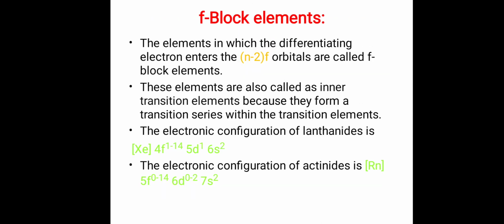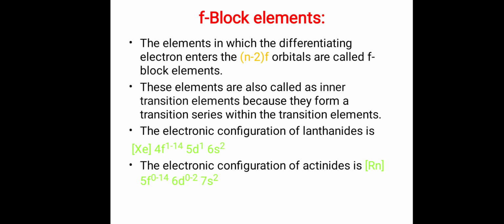Then finally, f block elements. These are elements in which the differentiating electron enters the (n-2) f orbital, so they are called f block elements. These elements are also called inner transition elements because they form a transition series within the transition elements.